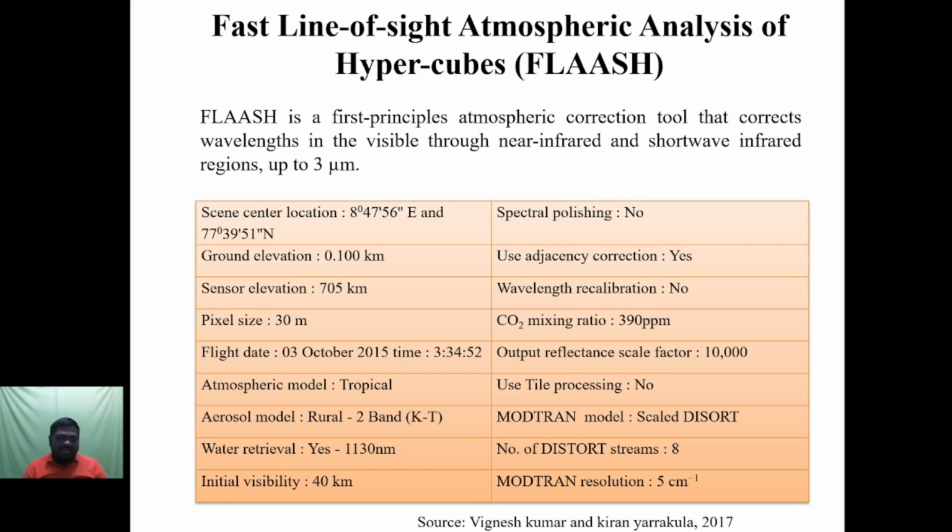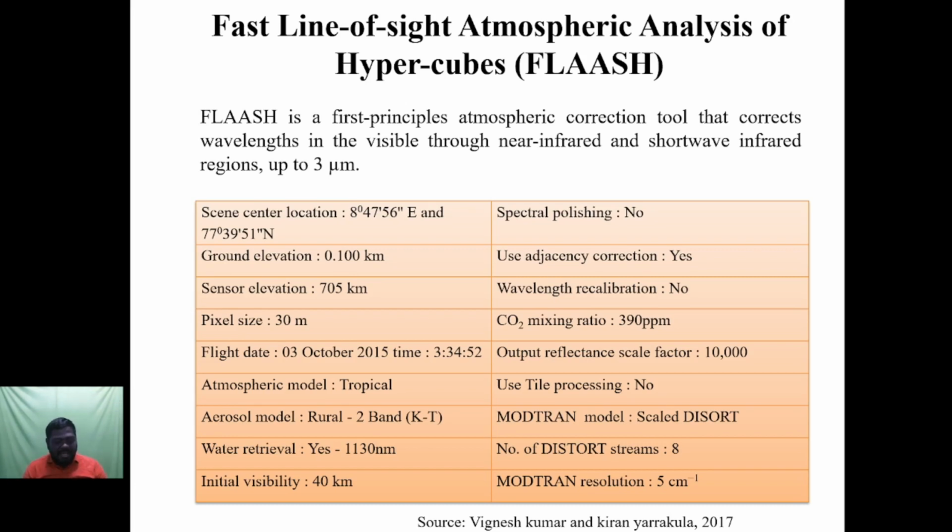In this range, FLAASH atmospheric correction needs some basic information about the ground area, like scene center location, ground elevation, and sensor elevation. Sensor elevation is nothing but the satellite elevation. Pixel size is the spatial resolution of the satellite, and the flight date is the date of the satellite image when we download it from the Earth Explorer website.